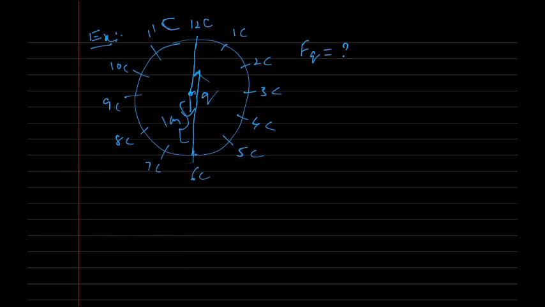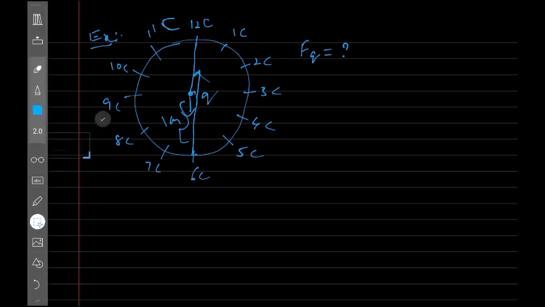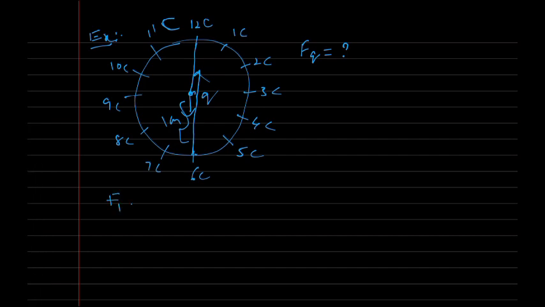Okay, let's say this is force 1. F1 is equal to, this is in upward direction, this is downward direction. Let's say downward as positive, upward as negative. K Q 12C by 1 meter square.